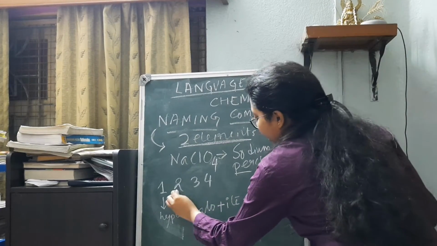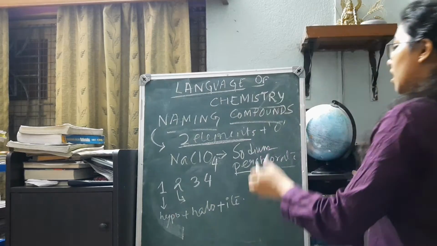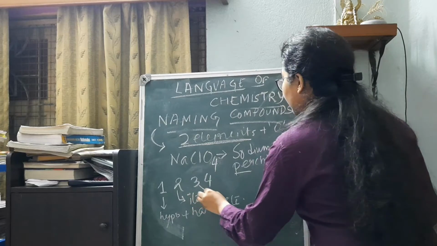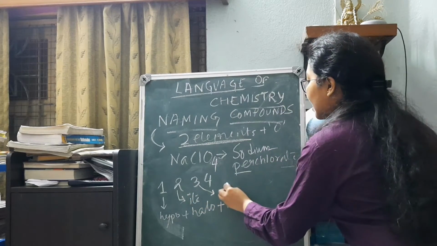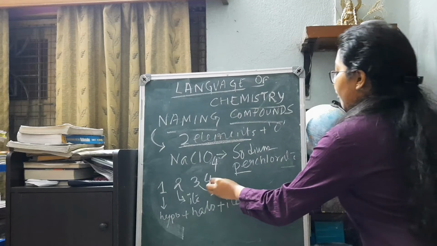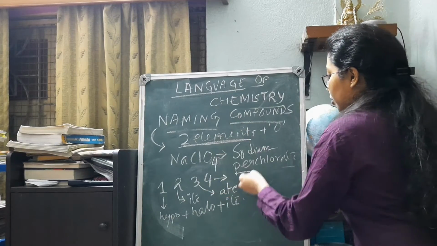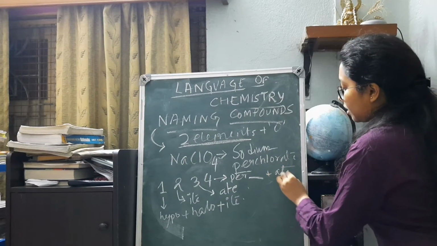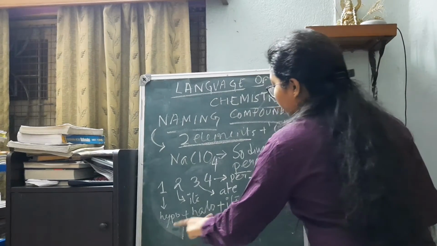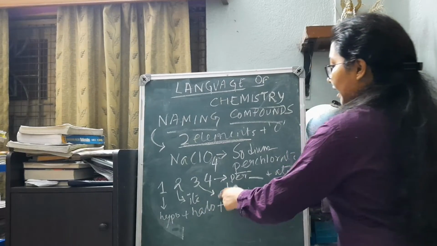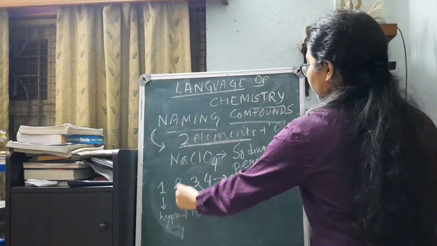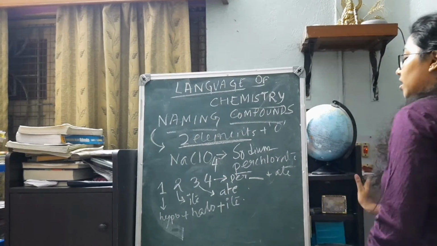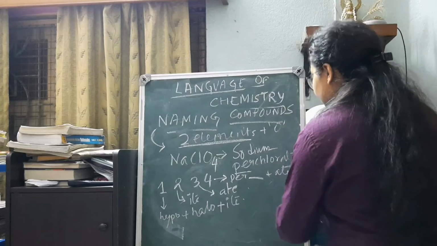For 2 oxygens, it is only ite. For 3 oxygens, the suffix is ate. And for 4 oxygens, per, halo name, ate. So very simple: hypohalite, halite, halate, perhalate. So this is how it is done.